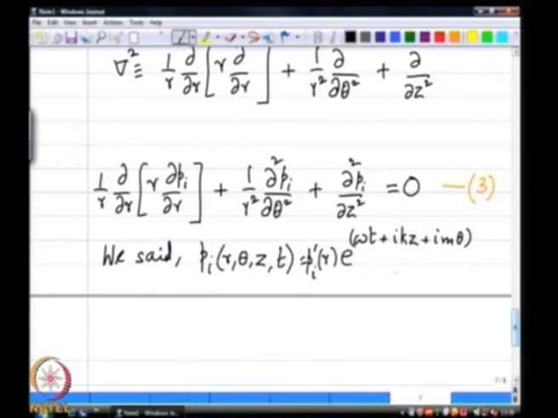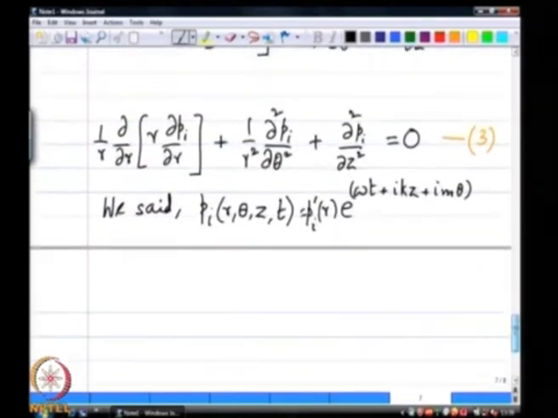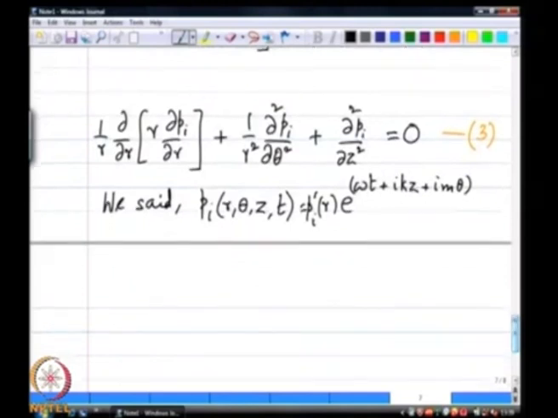Now, this is what we call the normal mode expansion. What I want to show you is that really speaking you do not even need to think of that as an assumption. The normal mode expansion is not an assumption that we make. I will show you how.